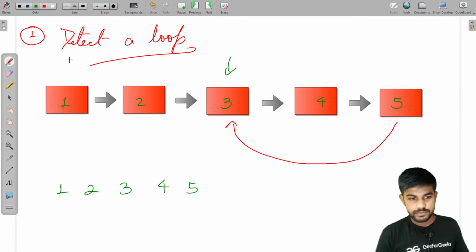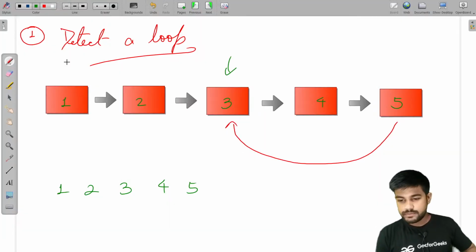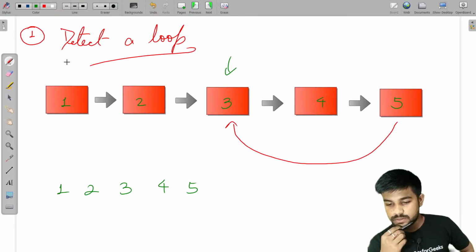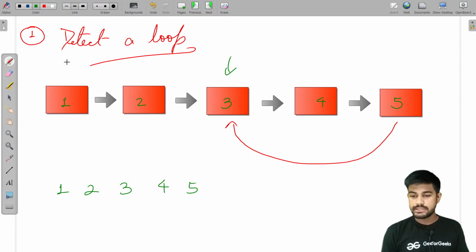Is the buffering gone? Please confirm if the buffering is gone or not. Let me know if the buffering is clear, then we would move ahead.